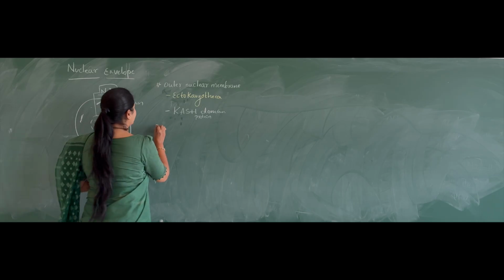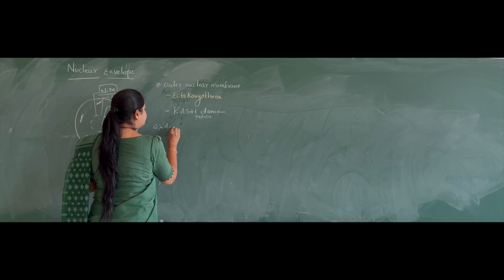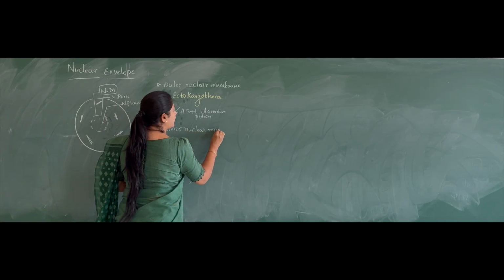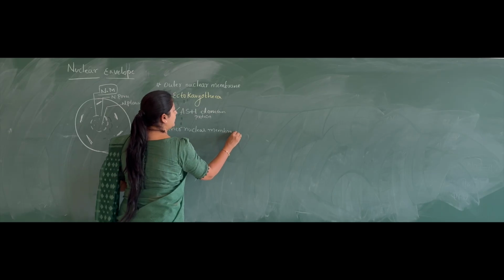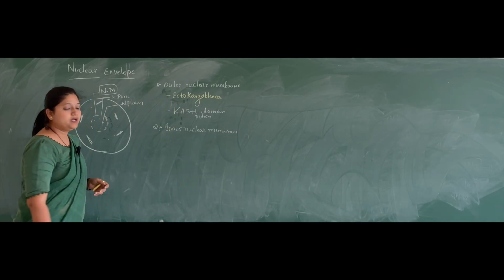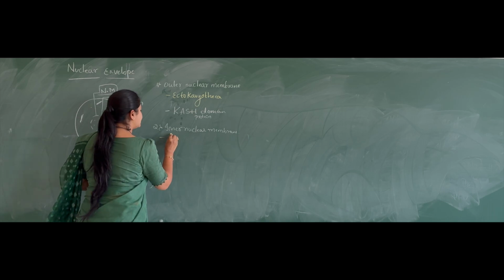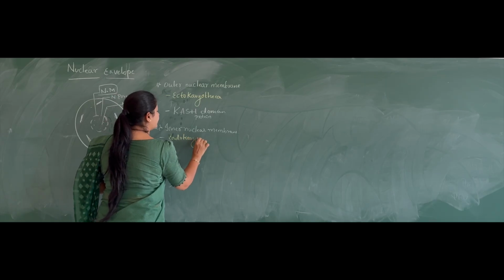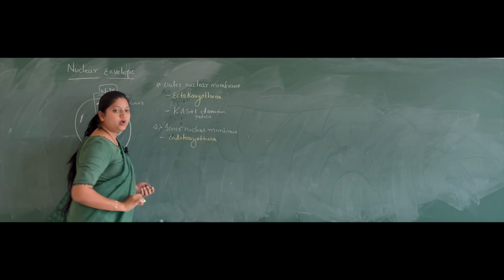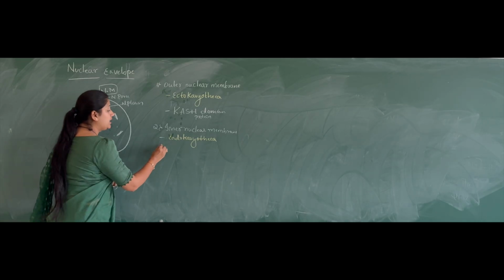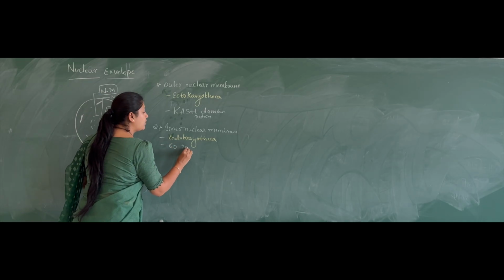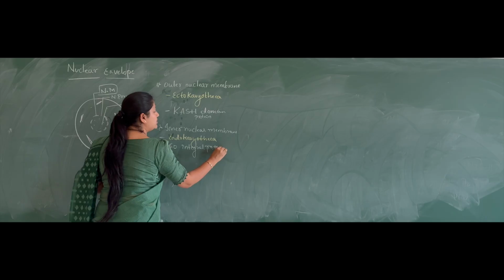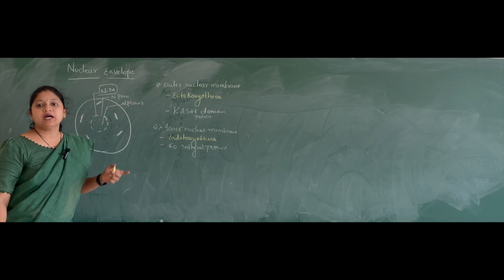Coming to the next one, that is the inner nuclear membrane, which is called the endokaryotheca. Here there are around 60 integral proteins which are present.